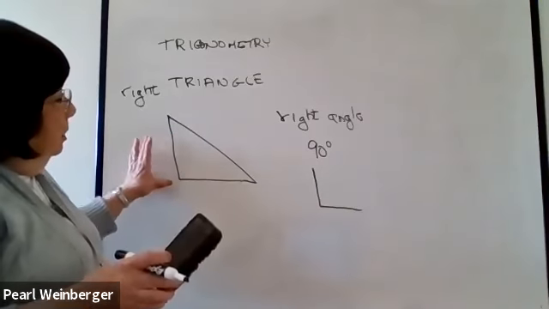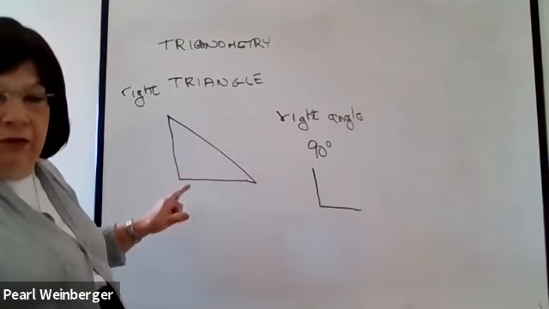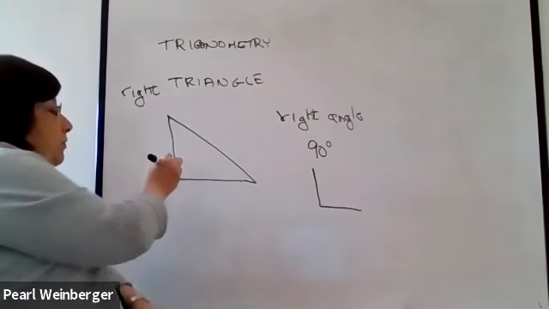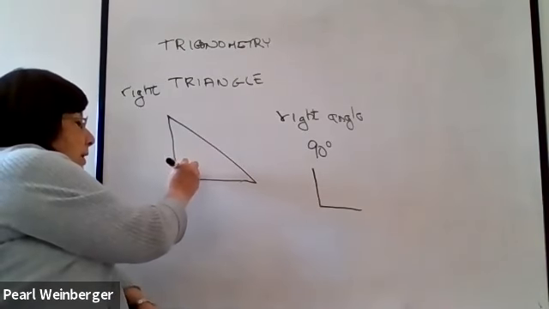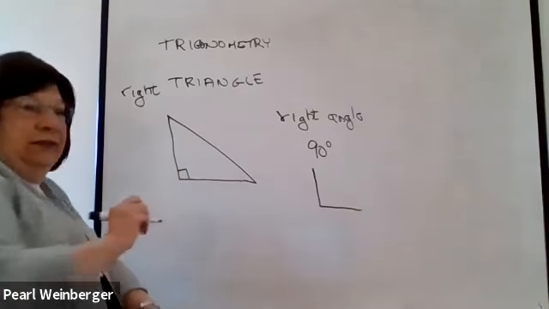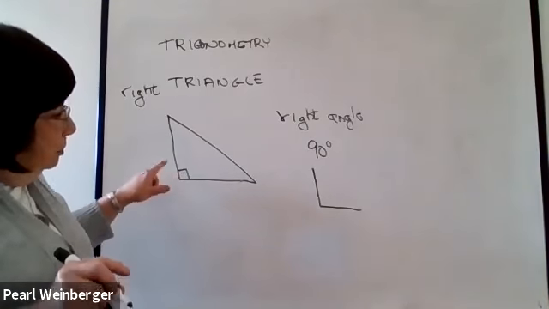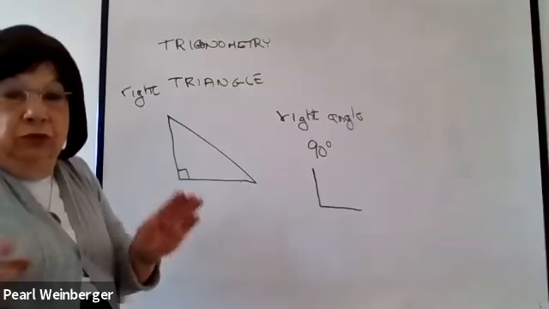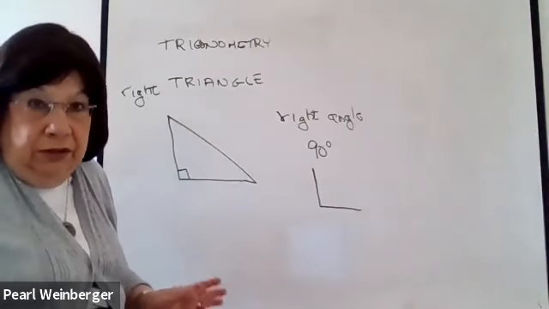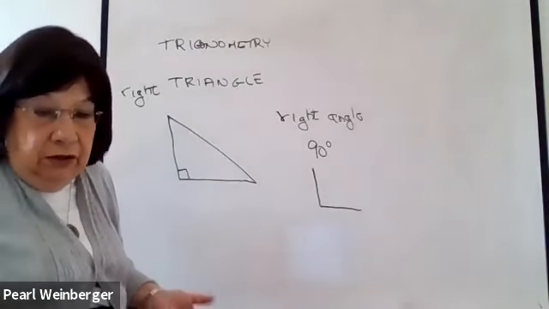This has a 90-degree angle. And very often, to indicate that this angle is a right angle, we put a little box in it. So you see that it looks like a little square box, because that's the type of angle that you're going to see in rectangles and in squares.